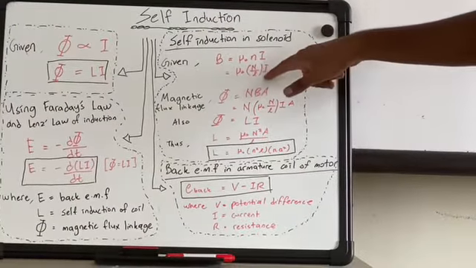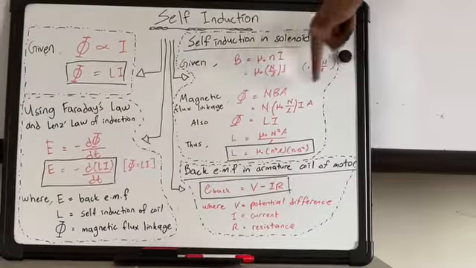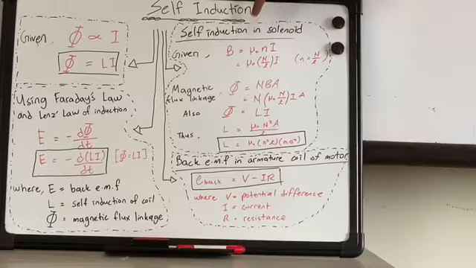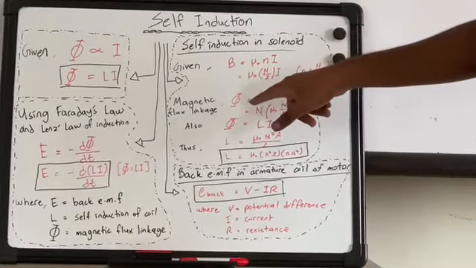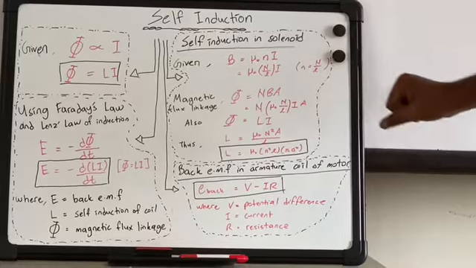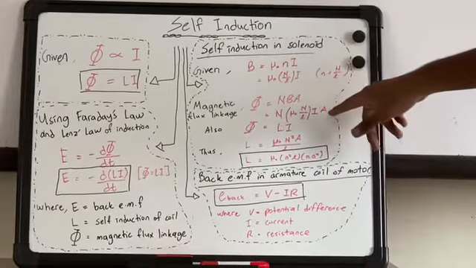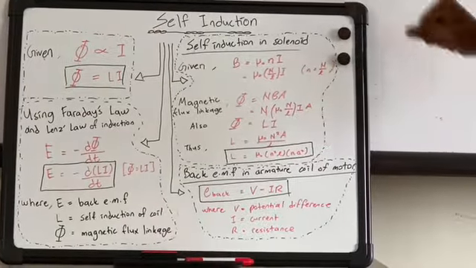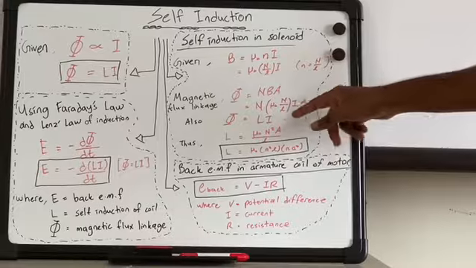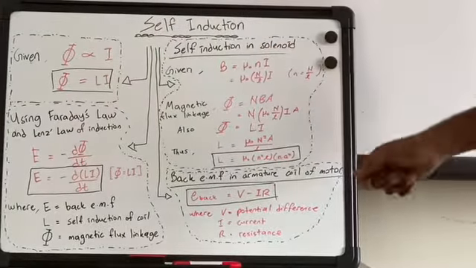So when you substitute, this B, which is magnetic flux density, we should substitute inside the formula for magnetic flux linkage, NBA. When you substitute it, the magnetic flux linkage is also equal to LI, which we got from the earlier formula.